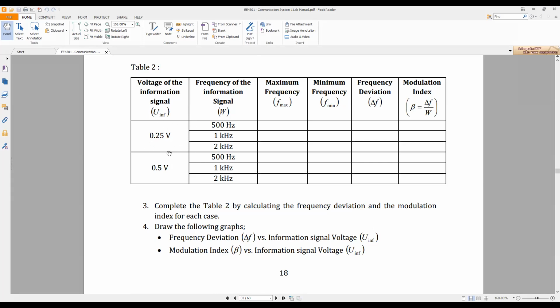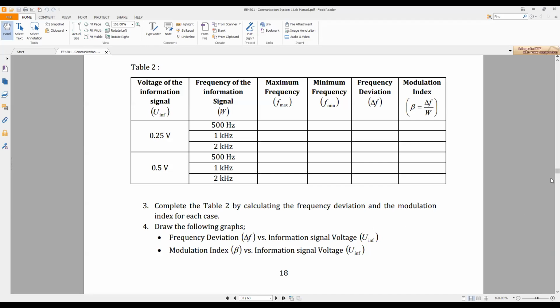At once we have to give 0.25 volts, and then 0.5 volts, for all three information signal frequency values. Then we check the output frequency, the maximum frequency and the minimum frequency. Then you can calculate the frequency deviation from these two values, and you can calculate the modulation index also, because you already know the information signal frequency.